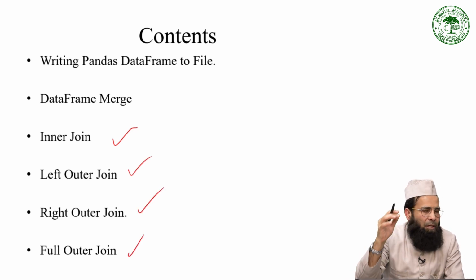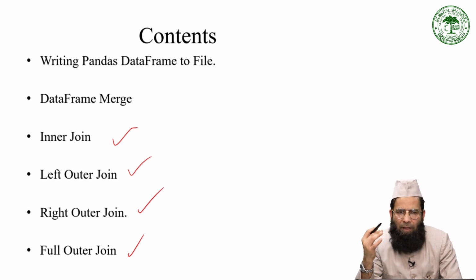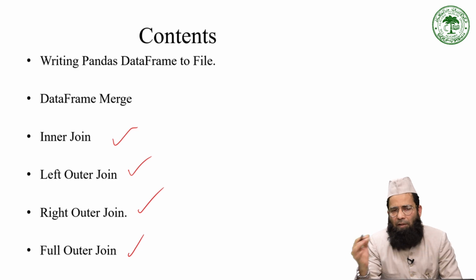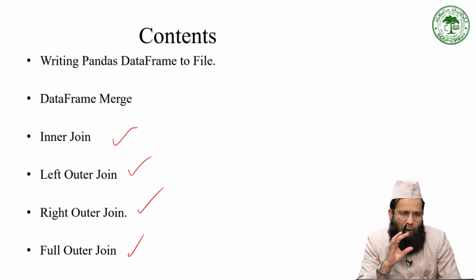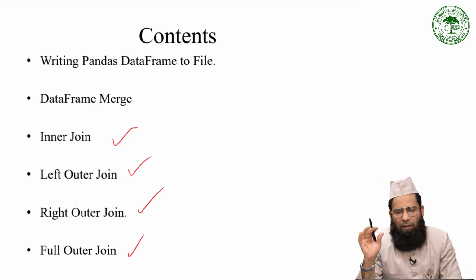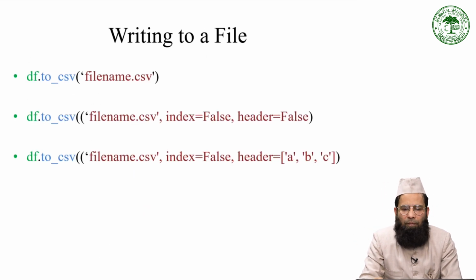This is very similar to SQL, structured query language, if someone knows about it, they might be aware of these types of joins. But if you are not aware of SQL, do not worry. We'll discuss all these: inner join, left outer join, right outer join and full outer join.